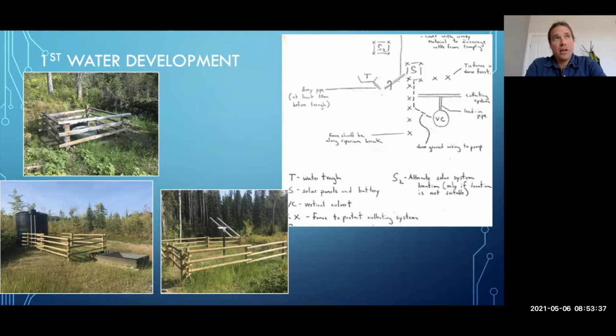And so the option is you either store energy in a battery for when there's less sun, or you can store energy as water in a tank, and storing water in the tank is a little bit more reliable.